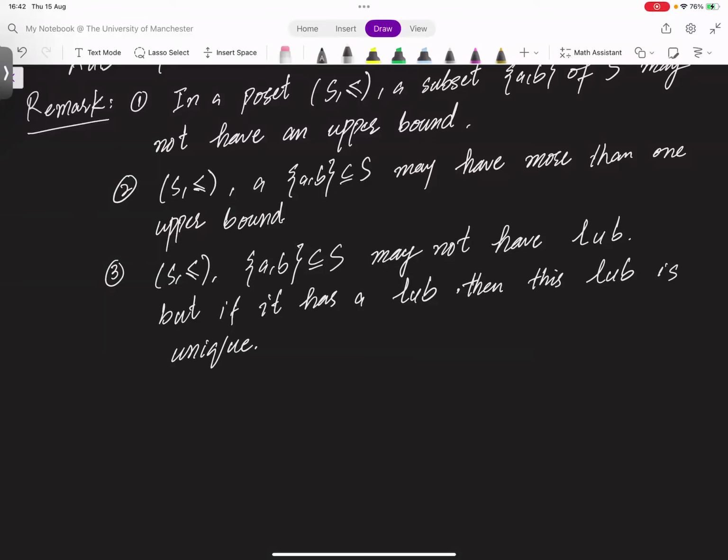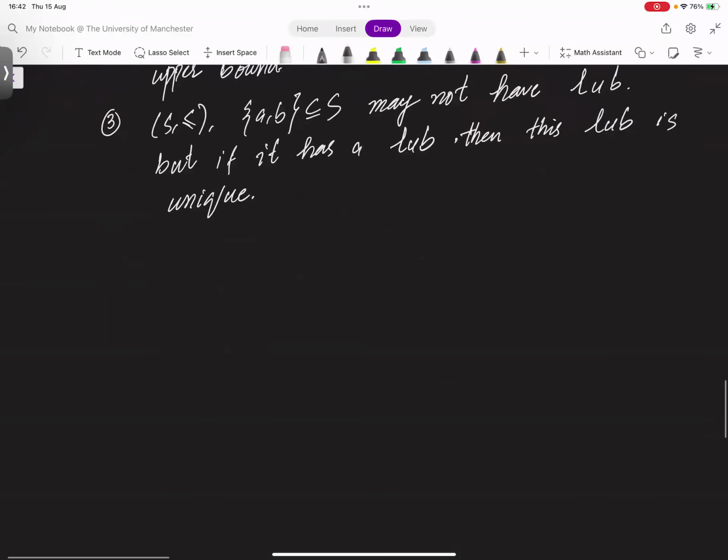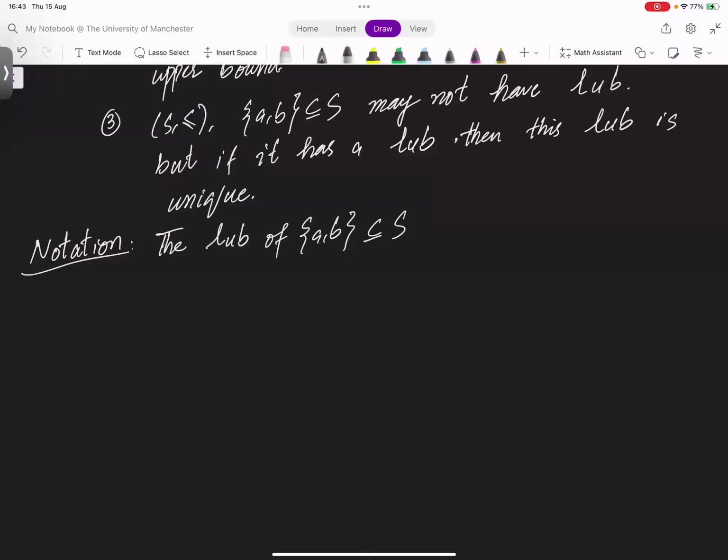For notation purposes, we write that the least upper bound of the subset of the set S in a poset, if it exists, is denoted by this symbol.